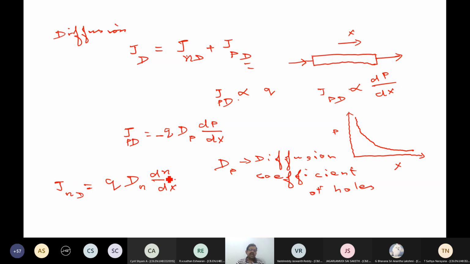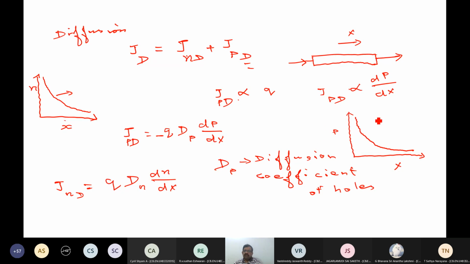So dn by dx is the variation in the concentration, and I again assume that the electron concentration also varies exponentially like this, and this is my concentration n, this is my distance x. So this is an exponential variation. dn by dx will obviously be negative, since it is a decay, and q, the charge on the electron, is negative, therefore my current density is going to be positive. Okay, so this is a positive number. So don't get bothered by where the negative sign should occur. That is what I want to tell.